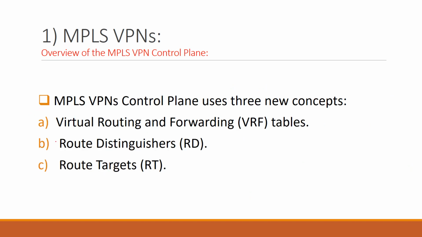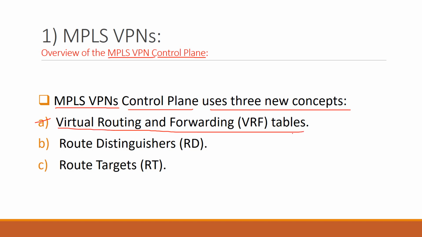So let's have an overview about the MPLS VPN control plane. MPLS VPN's control plane uses three new concepts. Actually, we discussed a little bit about the first one, which is VRF tables, virtual routing and forwarding tables.